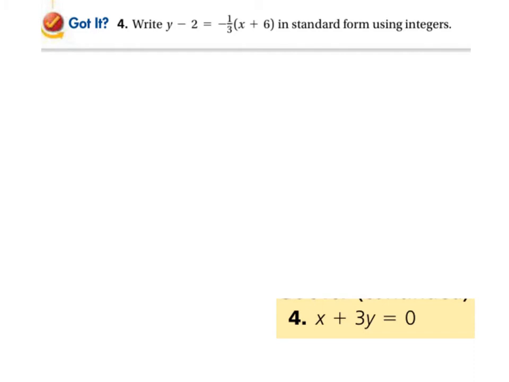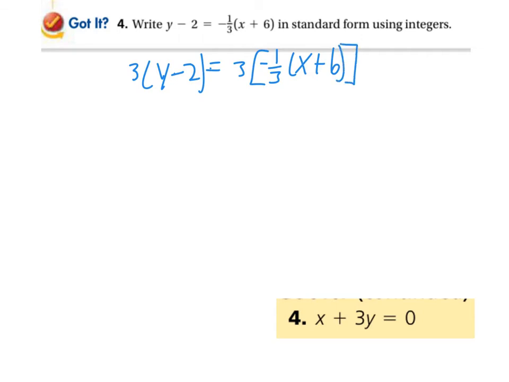So we're going to have 3 times y minus 2 equals 3 times negative 1/3 times x plus 6. And I'll tell you what I'm actually doing, kind of saving myself some distribution on this one. I kind of looked ahead. I've done enough of these, I kind of know what I'm doing.